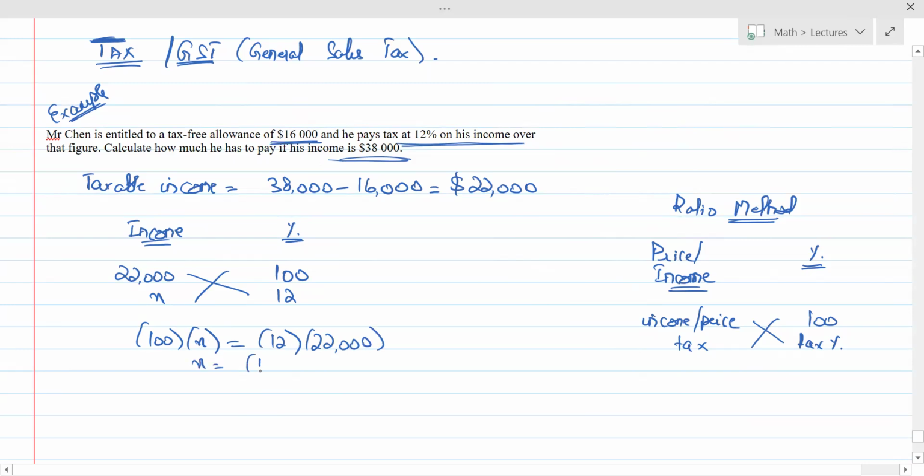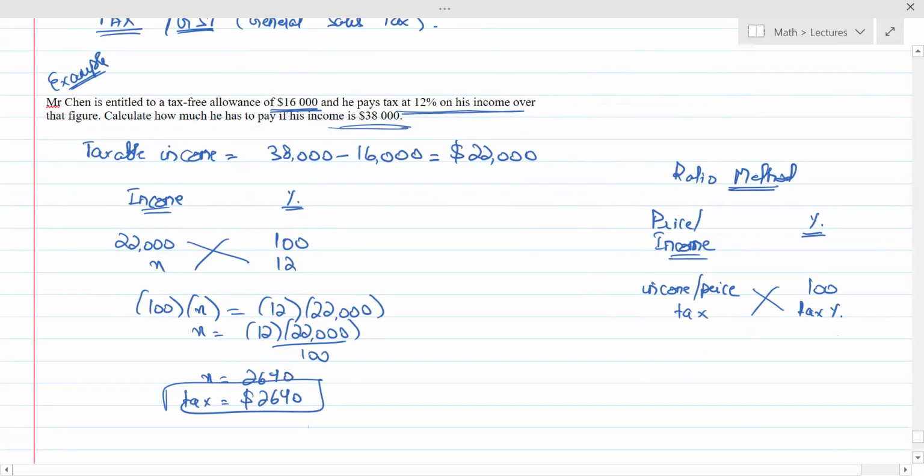Then X is equal to 12 into 22,000 upon 100. We're getting this as 2640. So the tax amount is $2640. Okay, so the ratio method can be applied for finding the taxes.